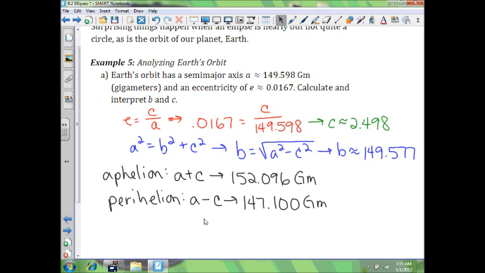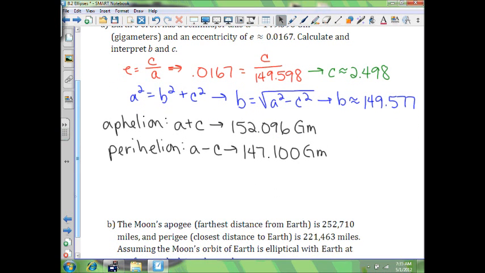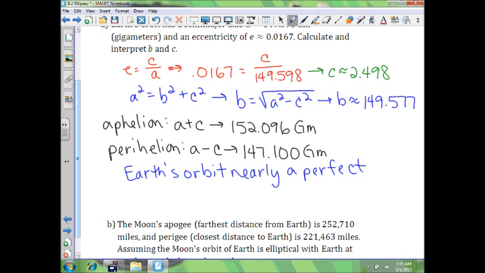Now, the Earth's orbit is going to be nearly a perfect circle, because a is almost equal to b.